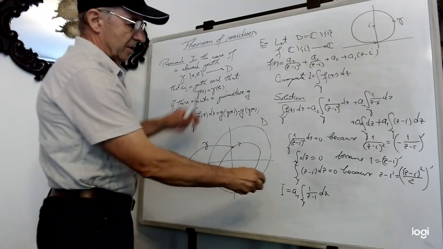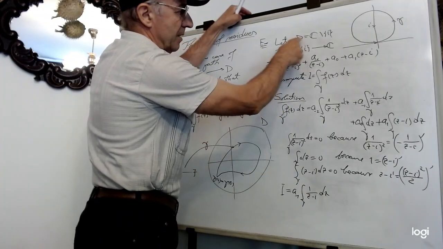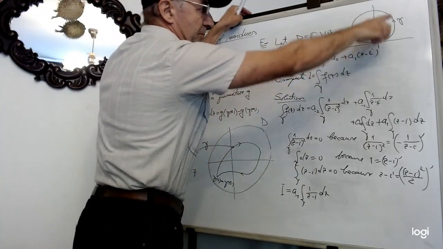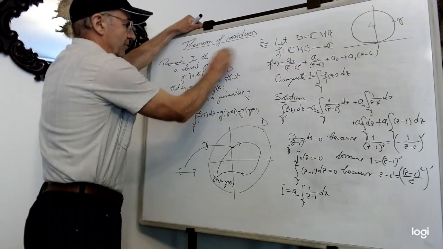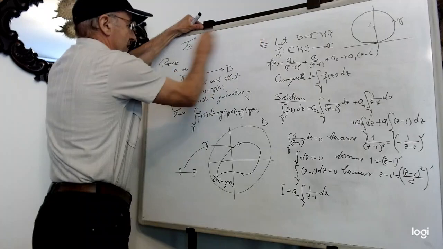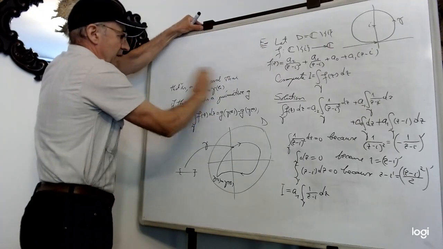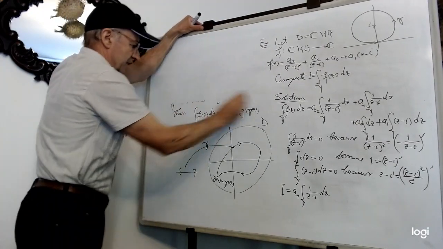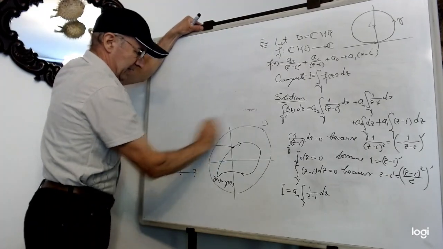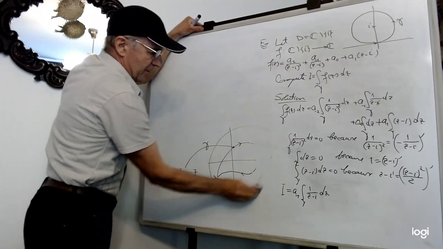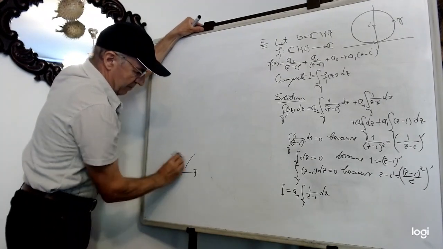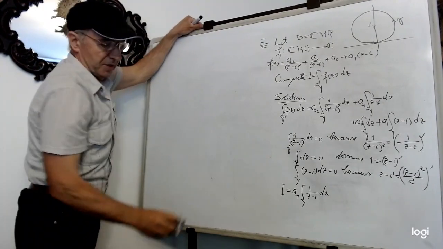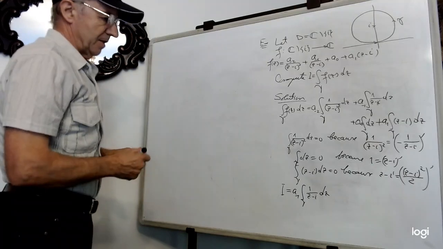The function is defined on D, but it does not admit a primitive on this set. It has one only on a subset, but there isn't a primitive on a set containing the whole image of the path. So we shall compute this integral by using a parametrization, the definition.